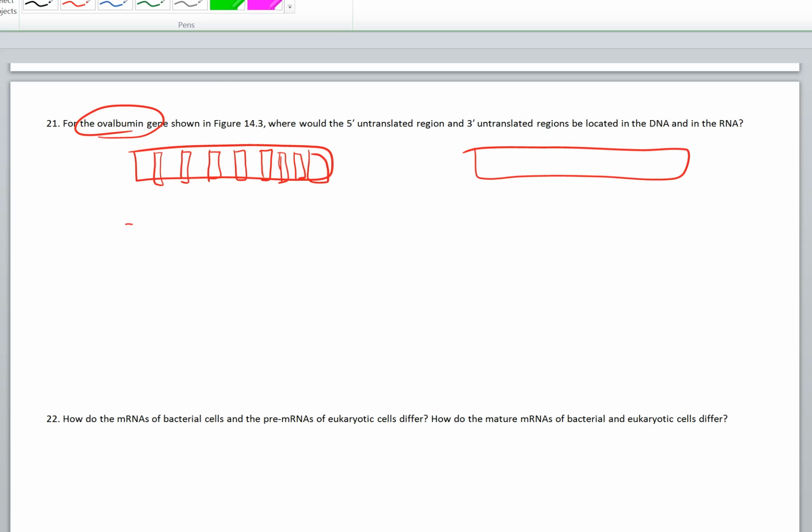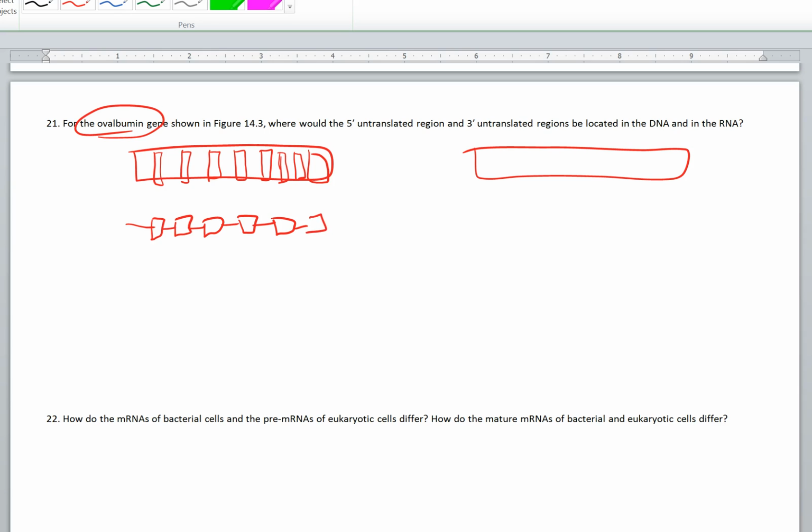If I do that the way I've been drawing it, I would draw it like this. So we got 8 exons.